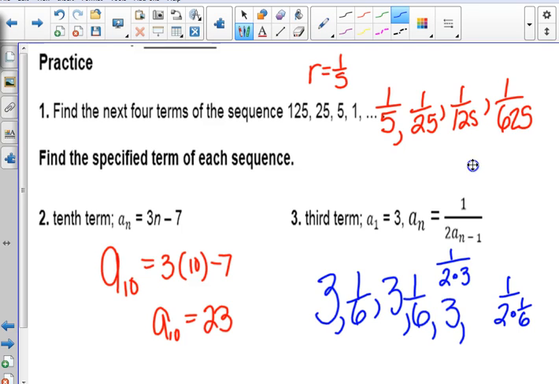What about this one over here? The idea here was you're going to keep subtracting 7. Okay? If you put in a 20, that's 60 minus 7.